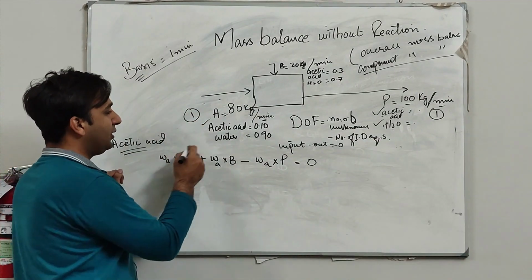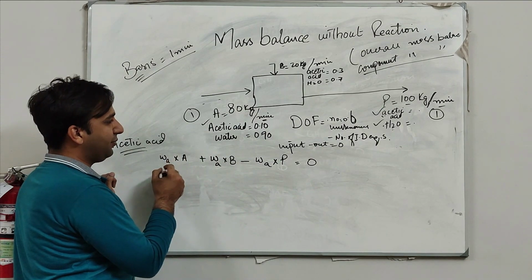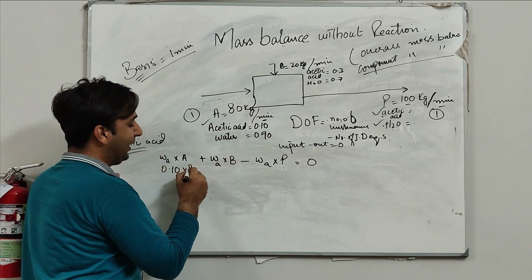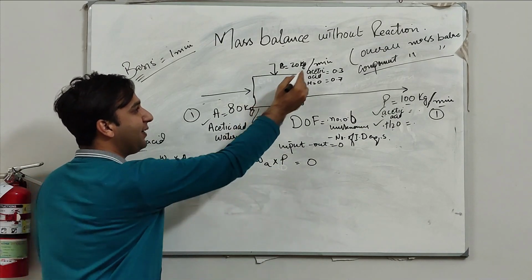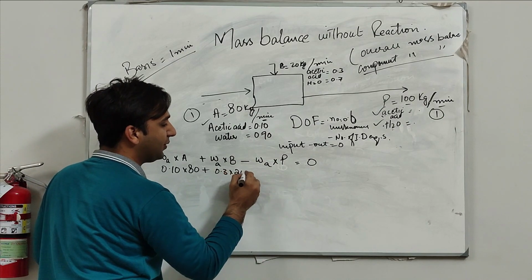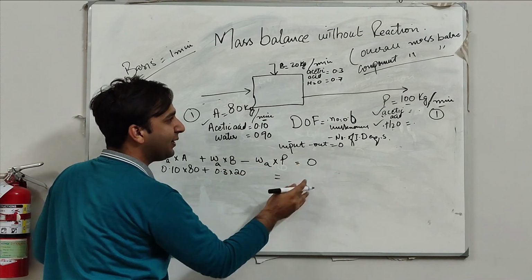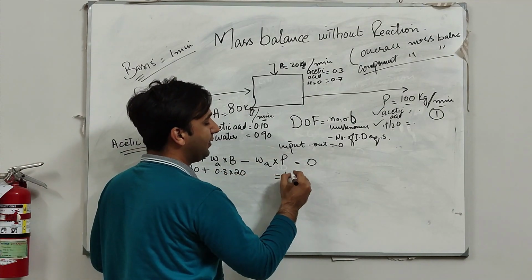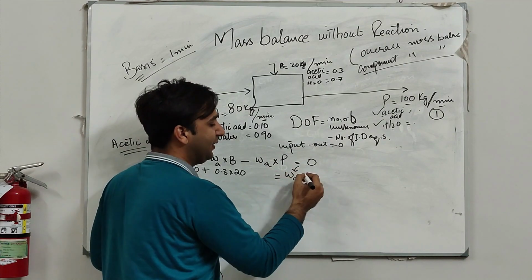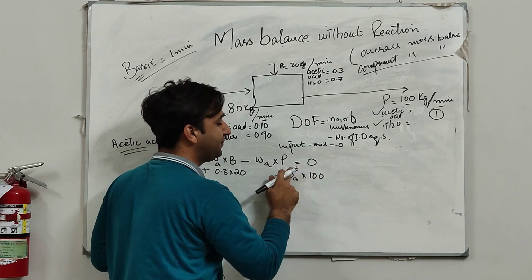So now what is the weight fraction of acetic acid? That is 0.10 multiplied by A, that is 80. The weight fraction of acetic acid here is 0.3 multiplied by 20. So it goes over here, and here acetic acid, and this we want to find, multiplied by 100.